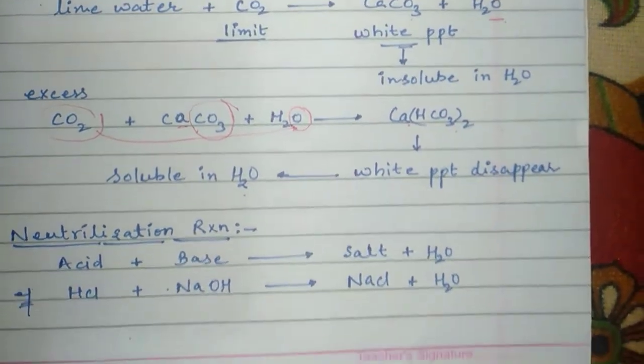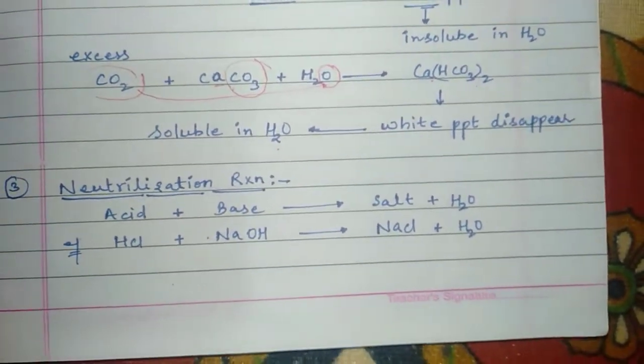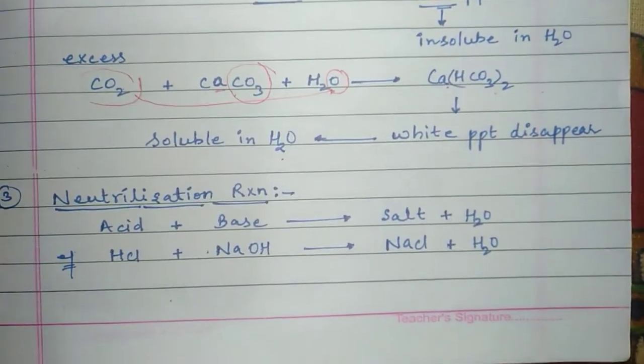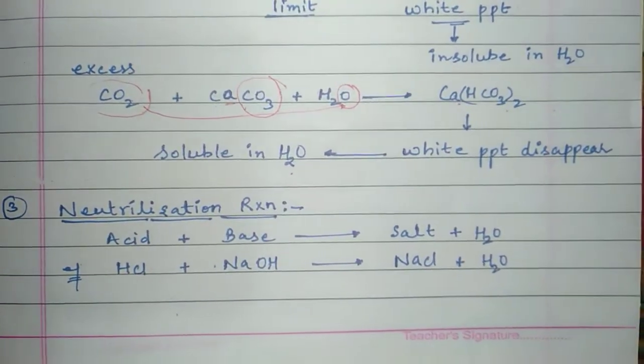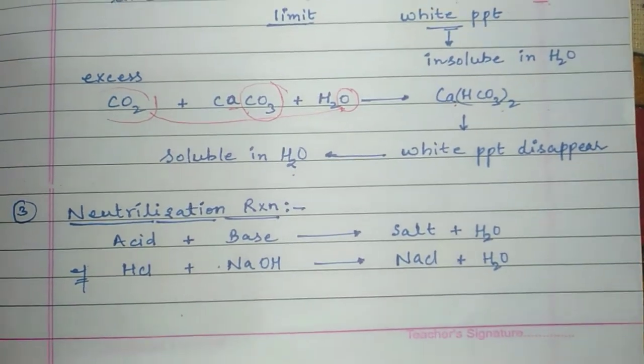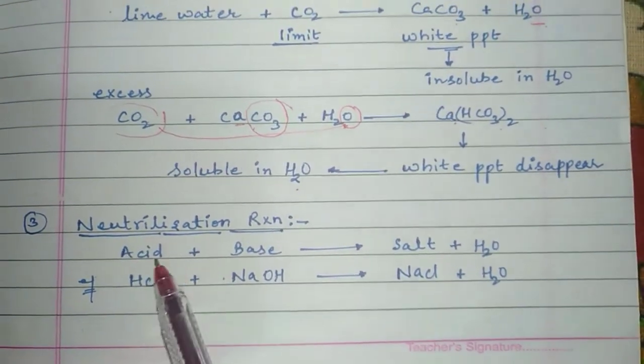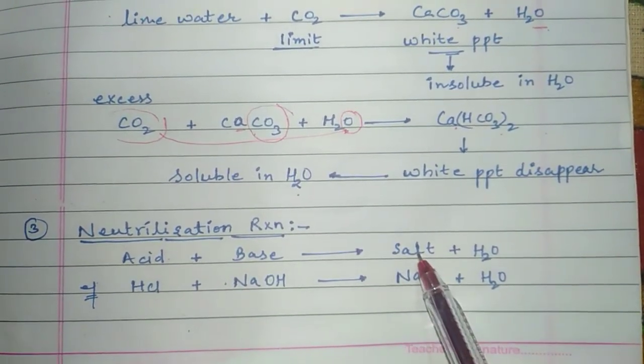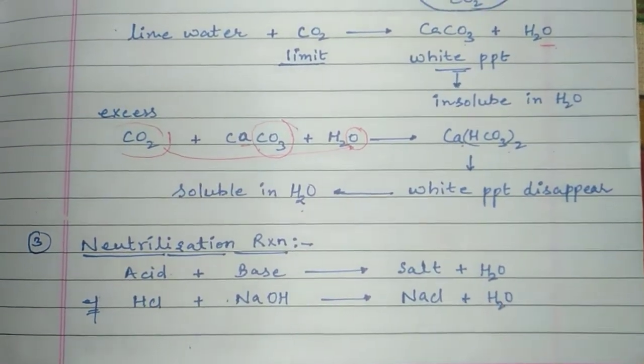Then students, we will discuss here a very important reaction. This is the neutralization reaction. About this we will discuss in detail in the next video. So you can see here what is happening. When acid and base both react with each other, they produce salt and water.